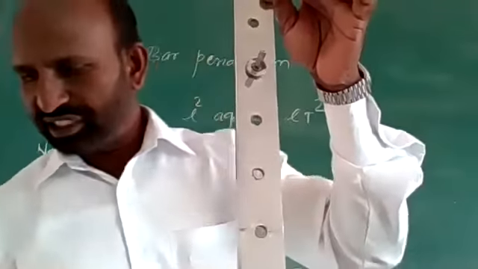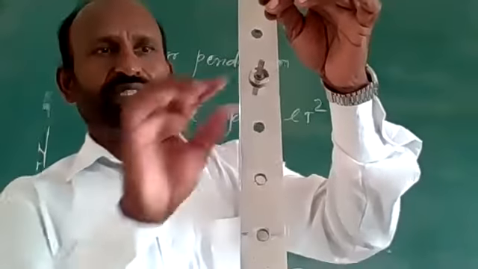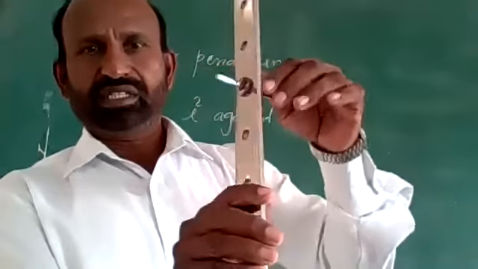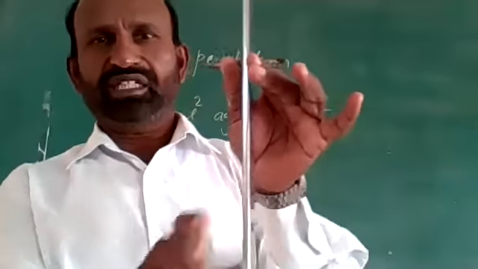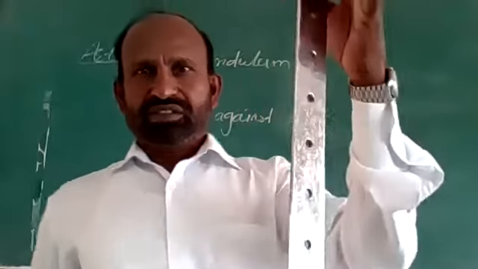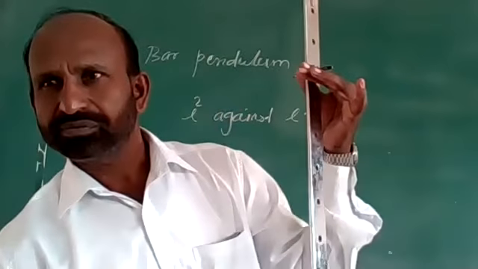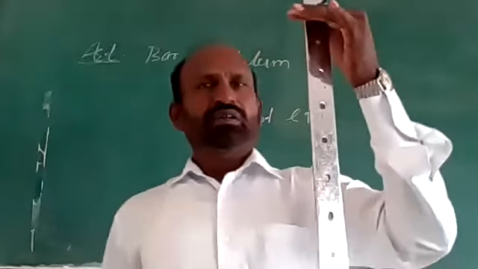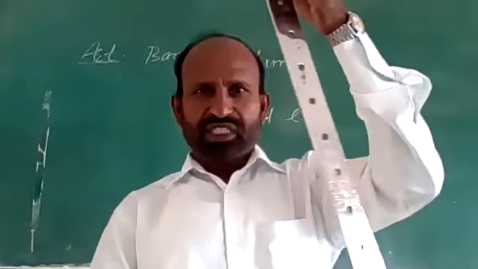And these are the knife edges. This is a knife edge, and this knife edge we can use to suspend this bar about a rigid support. Now, when this bar is suspended, it can be set into oscillation like this.